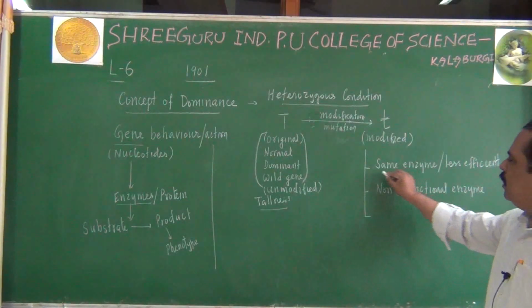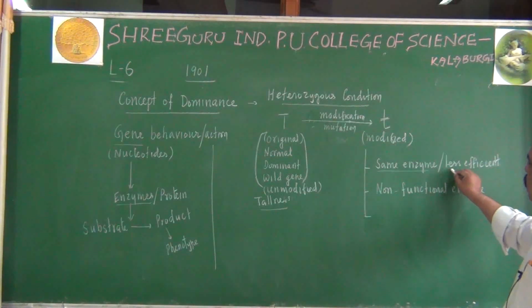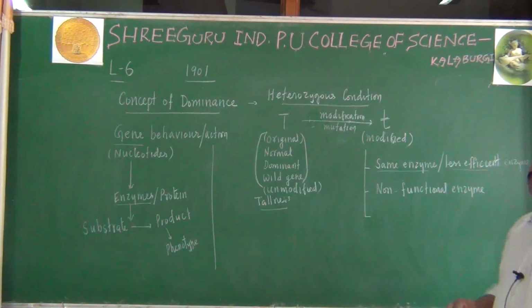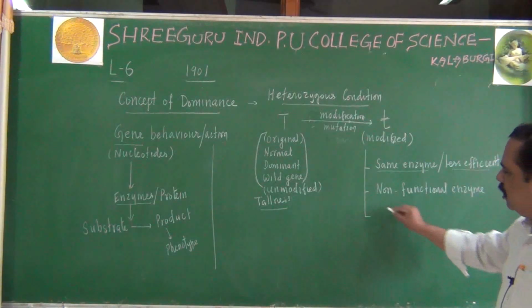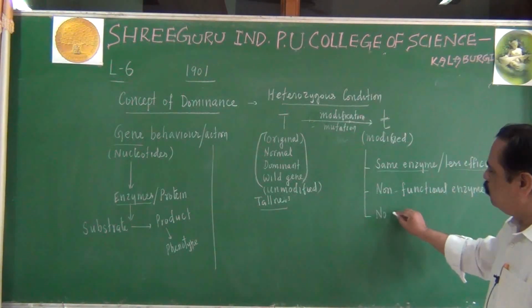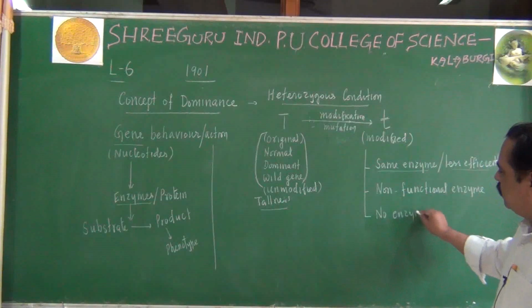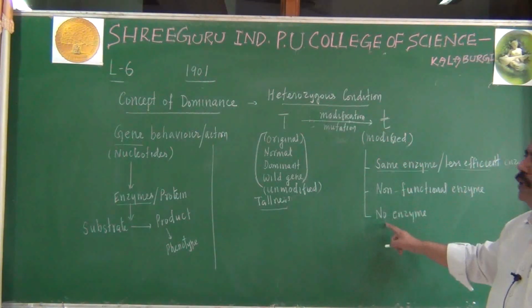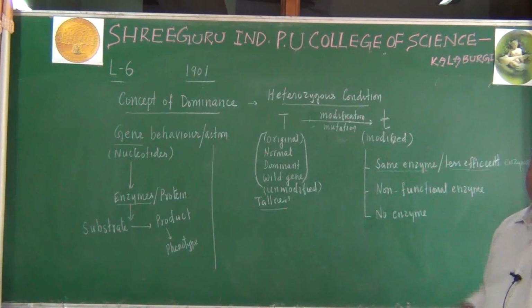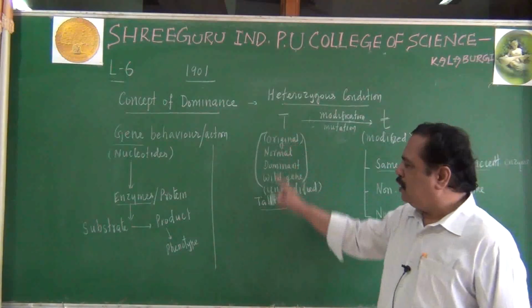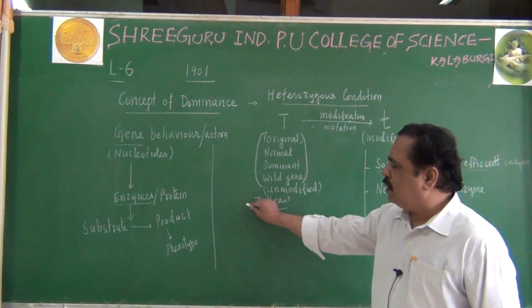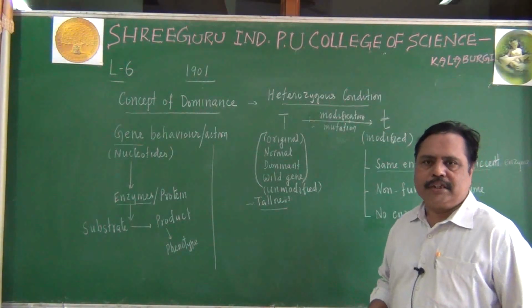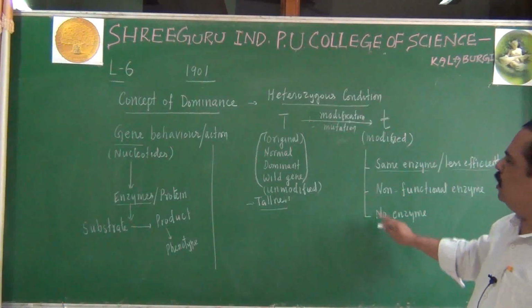Okay, listen to this. Either it may produce the same enzyme or a less efficient enzyme, or it will produce a non-functional enzyme, or sometimes it may not produce the enzyme at all. So in any of the three ways, this small t will behave. Say capital T will behave by producing tallness, just in that method. After modification, how could small t behave?